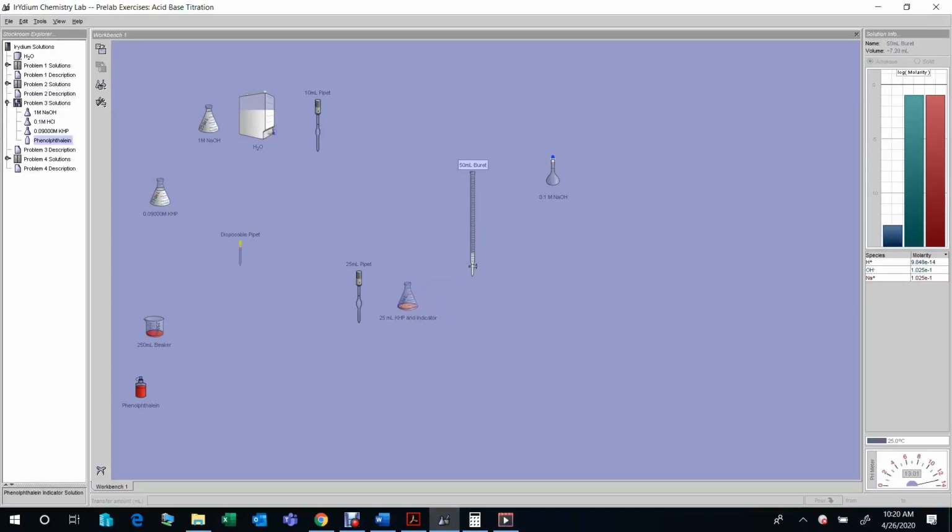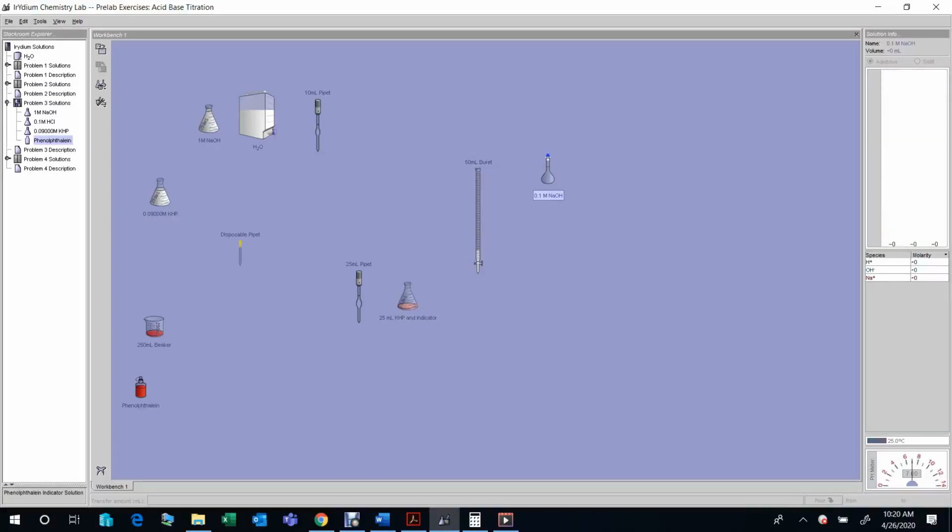Here we use some sodium hydroxide, right? We use them out, and then there's not much sodium hydroxide left, so we need to refill and prepare more sodium hydroxide solution.